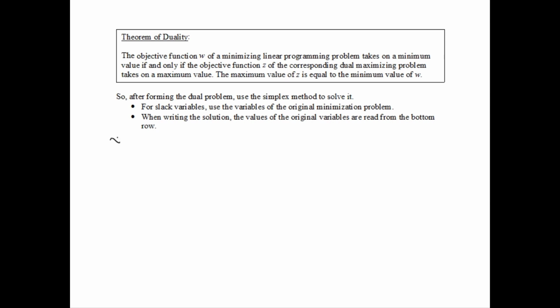Remember, here are our constraints. So for this first one, we are going to add the slack variables. So x1 plus x2 plus my slack variable.